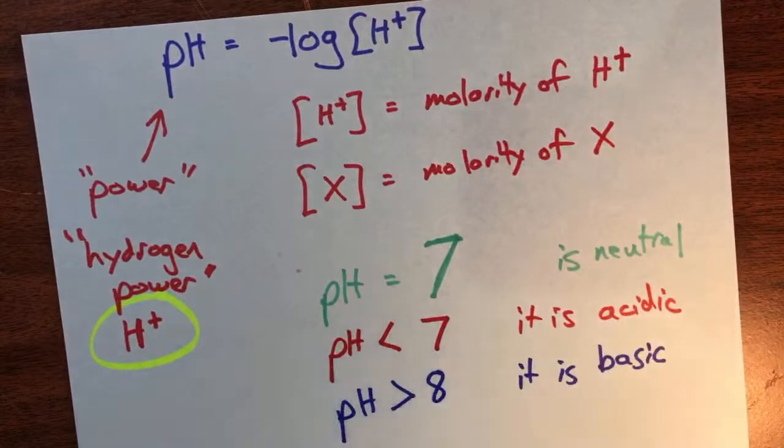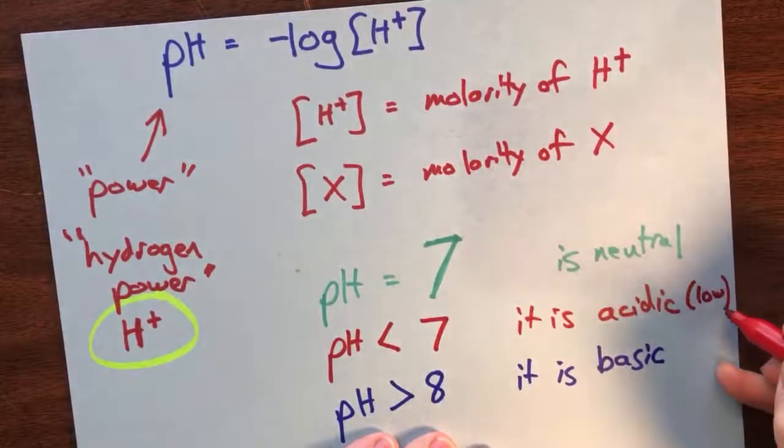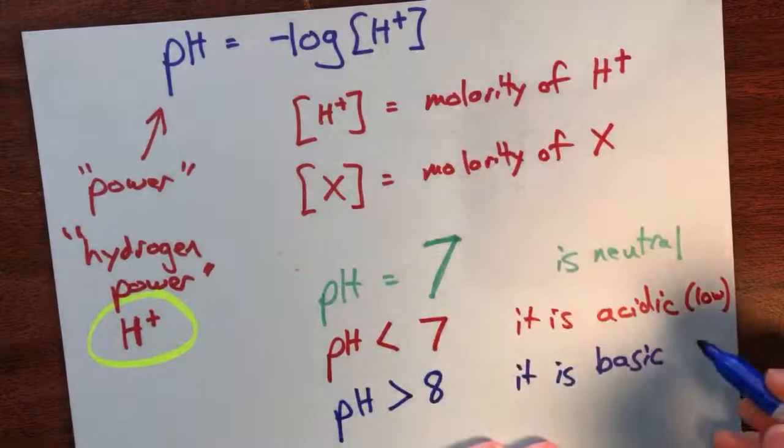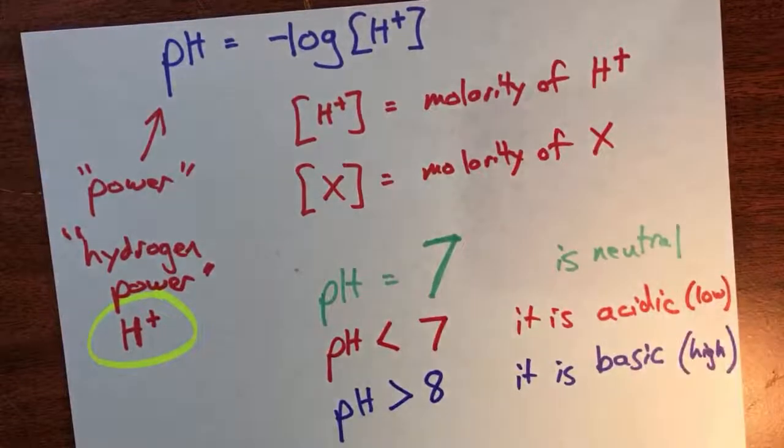So low pH means acidic. Any kind of low pH, like 1, 2, 3, is going to be acidic. Basic is any kind of high pH, so when the pH is 10, 11, 12, that's a high pH.